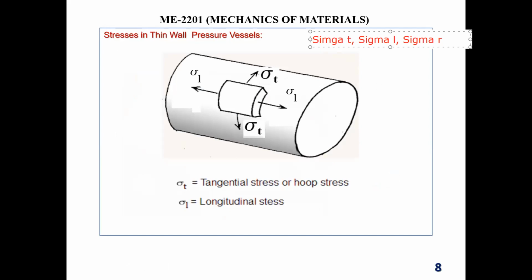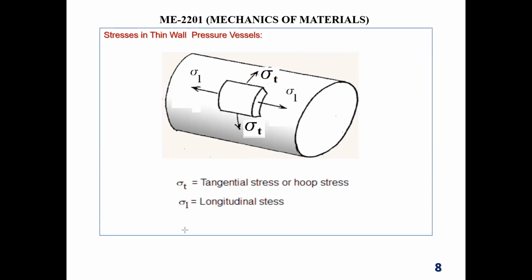But normally, if the pressure vessel is thin wall, then sigma R and sigma T are almost the same. Because wall thickness is very low, sigma R becomes equal to sigma T. That's why there are only two stresses: one is sigma L, the other one is sigma T. But if it's a thick wall pressure vessel, then you need to figure out all three. Okay.